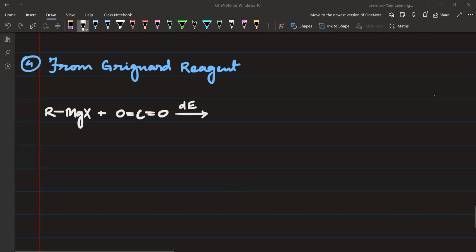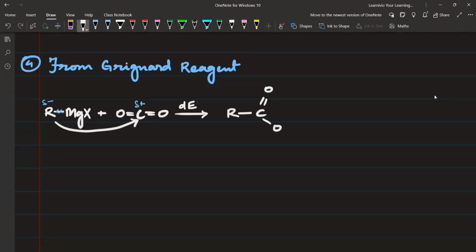What will happen here? This R, which has a delta negative charge because magnesium gives electrons, will attack the delta positive carbon of CO2. This carbon has a positive charge because it is connected with two electronegative oxygen atoms, and we get R C double bond O with one O having a negative charge, with MgX.